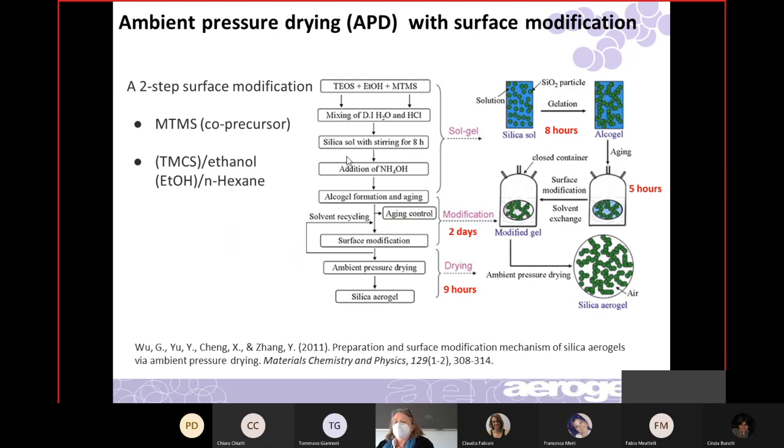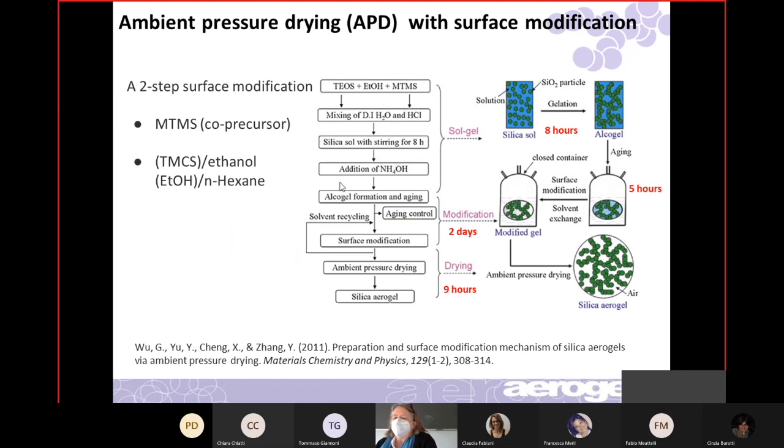So that has started the hydrolysis reaction. And then they stir this for like 8 hours. Remember, Mary talked about TIOS having a longer chain and it takes longer to get this to happen. So 8 hours. Then they add their base catalyst.